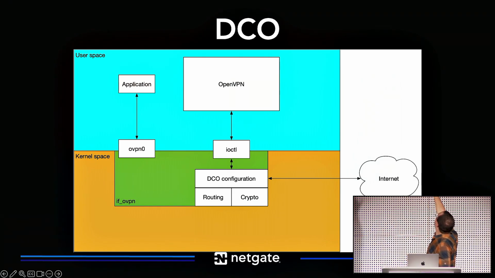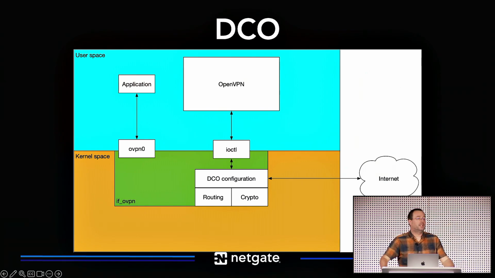Note that we still have an OpenVPN application running in user space. The kernel bits of this really only implement the simple things, that is, taking a packet, figuring out where it has to go, encrypting it, and sending it off, and vice versa when you're receiving packets, of course.